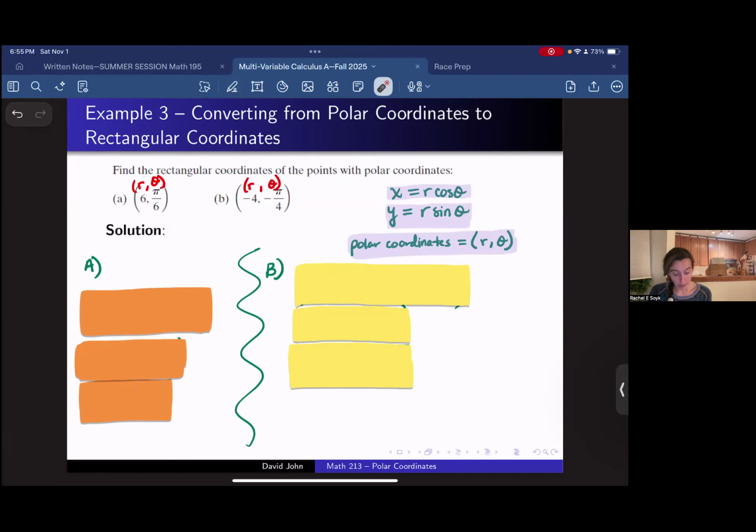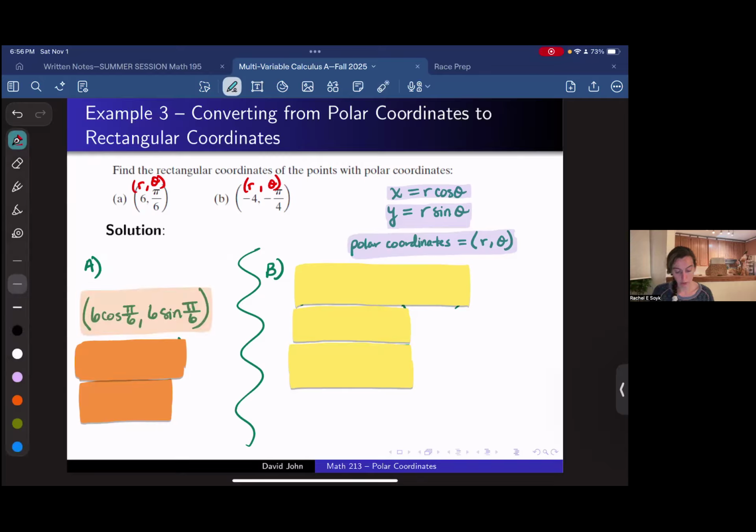So in our part A, if our r is 6, then our x is going to be 6 cosine of pi over 6, and our y coordinate is going to be 6 sine of pi over 6. That was the first step in the problem. Now let's compute this. Pi over 6 is the same as 30 degrees.